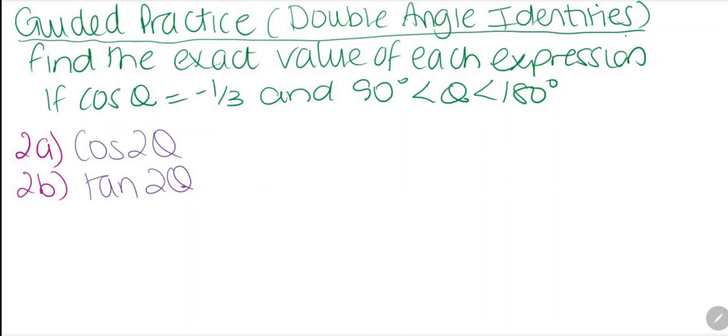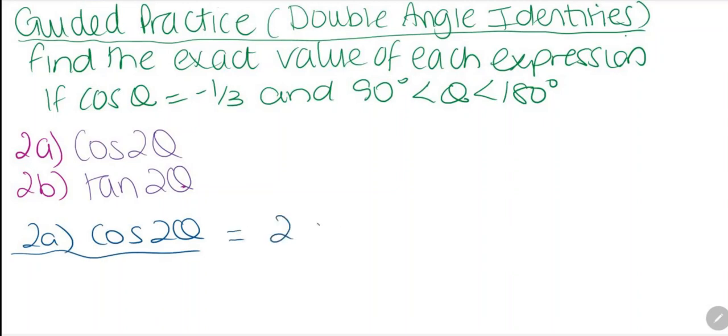So we need to do cos 2 theta first. The double angle identity that we're going to use for this is 2 cos squared theta minus 1.